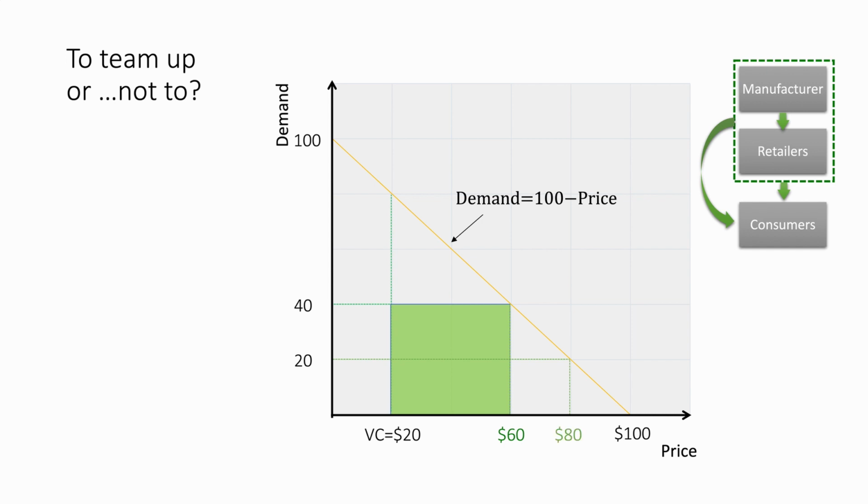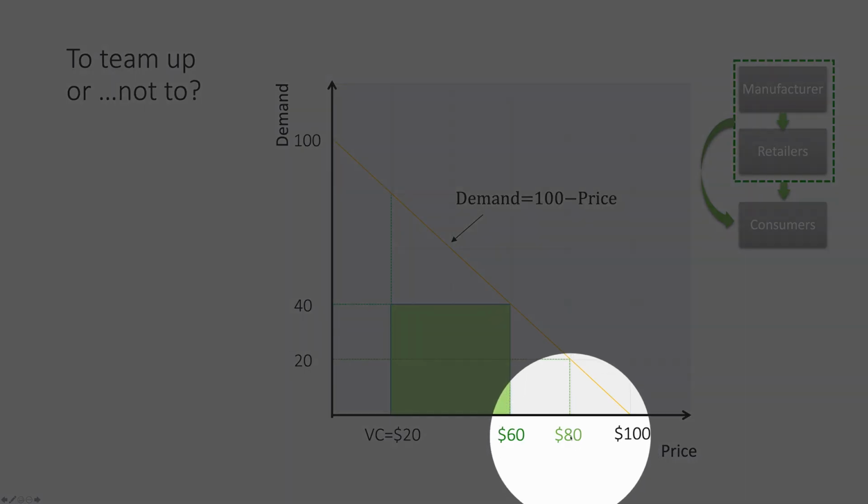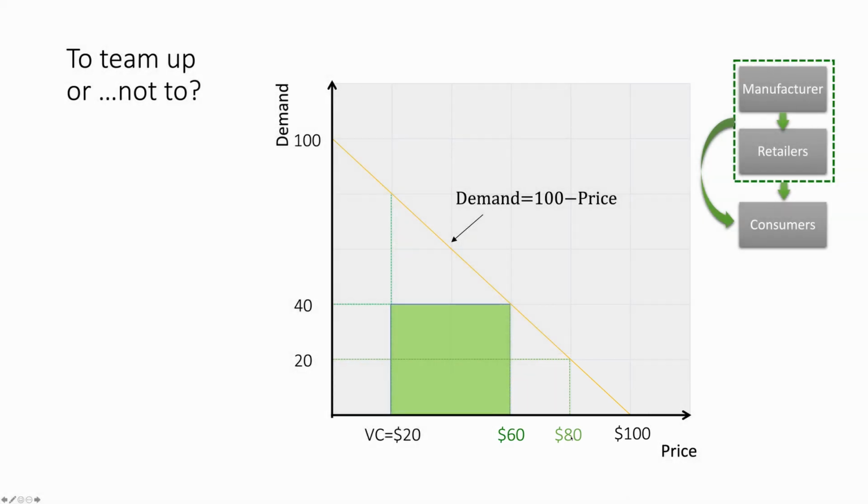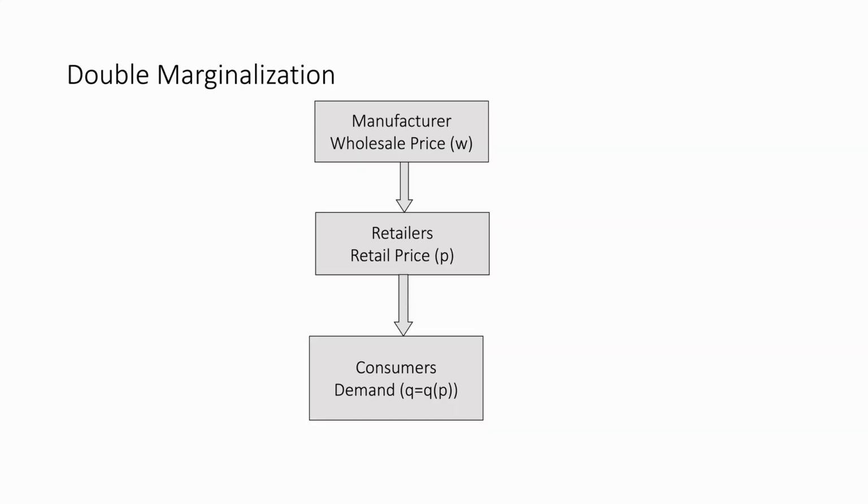If they act independently, the ultimate retail price is $80, so the total channel profit here is the red area, that is $1,200. Visually, you can already see that the green area is larger than the red area. This phenomenon is what we call a double marginalization issue.